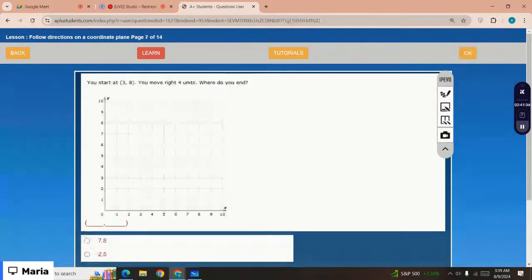Start at 3, 8. You move right 4 units. Where do you end?